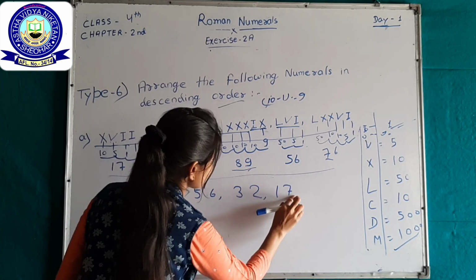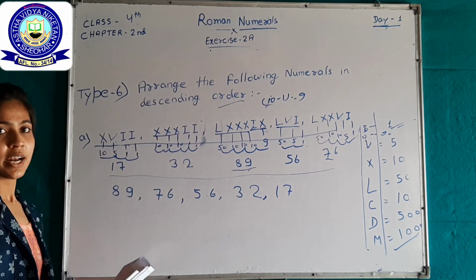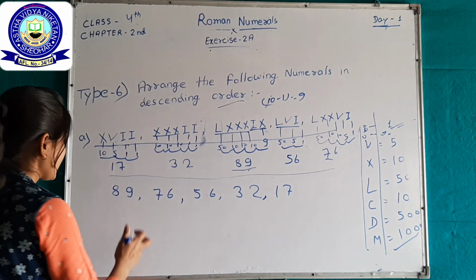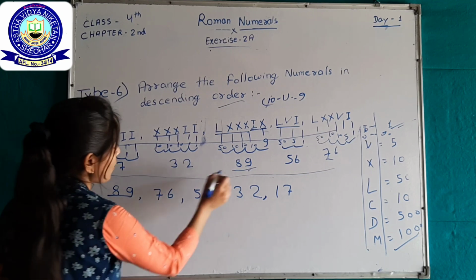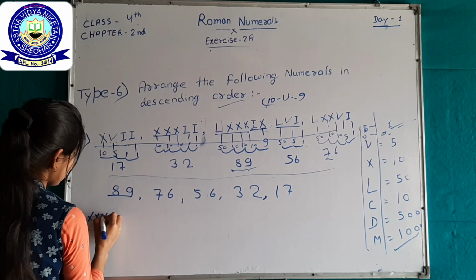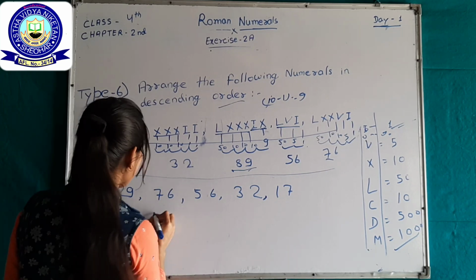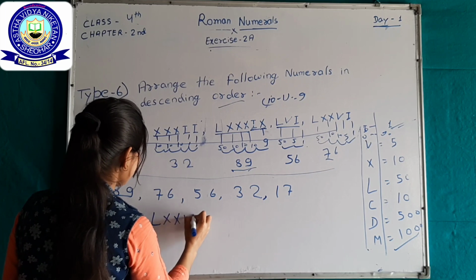In your previous class, you read about how we compare numbers, which is greater than and which is smaller than. Here is 89. The value of 89 in Roman numerals is LXXXIX. And the value of 76 is LXXVI.